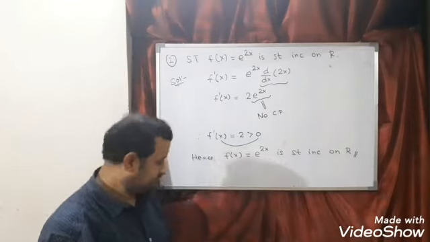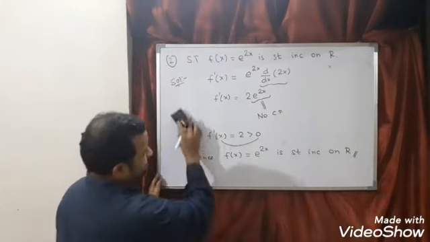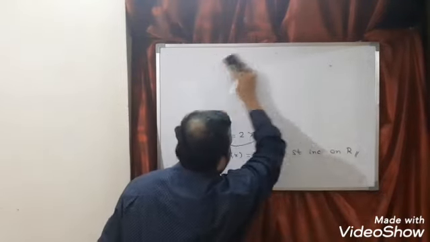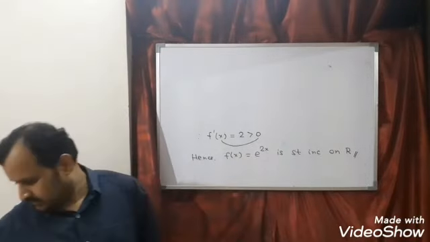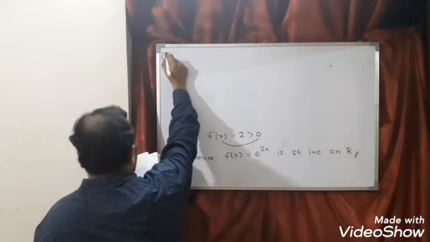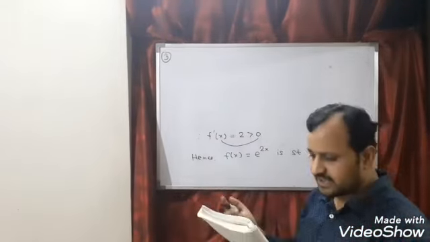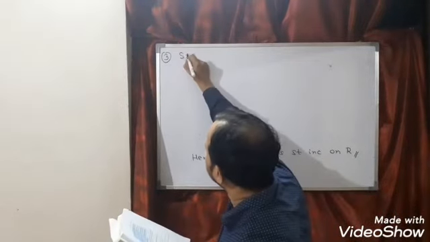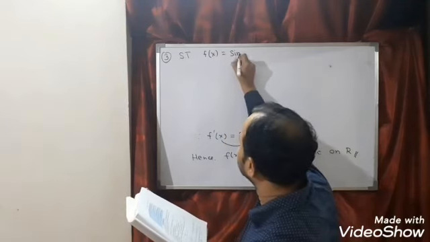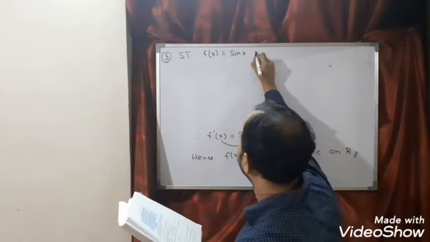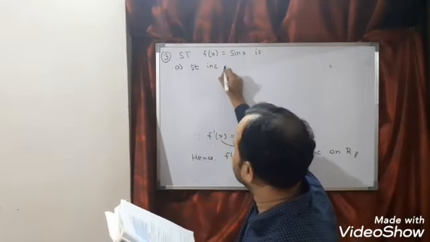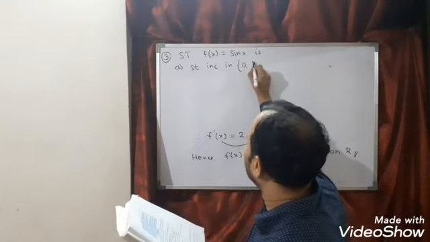Let us see one more question. This is question number 3. And in this question, 3 bits are there. Question is, show that f of x is equal to sine x is strictly increasing in 0, pi by 2.